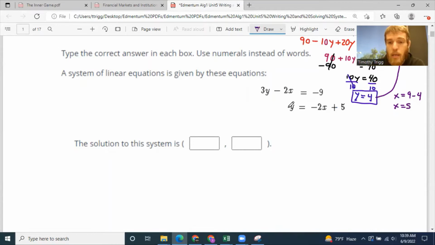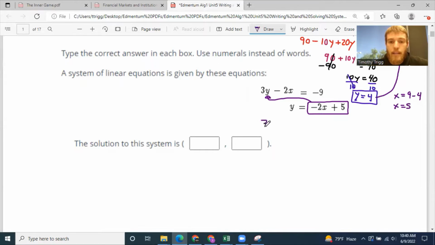So what we're going to do is take this y equals negative 2x plus 5, and substitute it in for the value of y here. So 3 times y becomes 3 times negative 2x plus 5, because that is what y is.